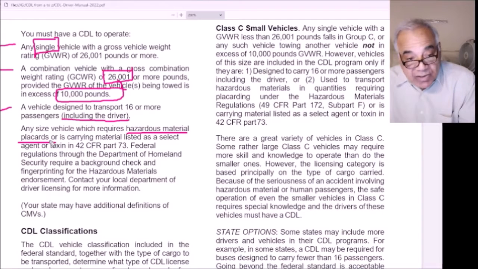They have different colors and different labels that describe the kind of material, the 9 classes of hazardous material that are tabulated by the government. Here the weight is not important. Any car, even a small car that has hazardous material, you have to have a commercial driver license because of the knowledge that is needed.